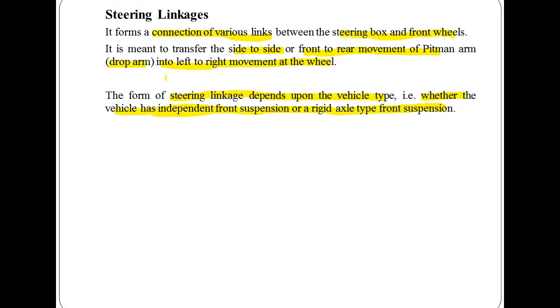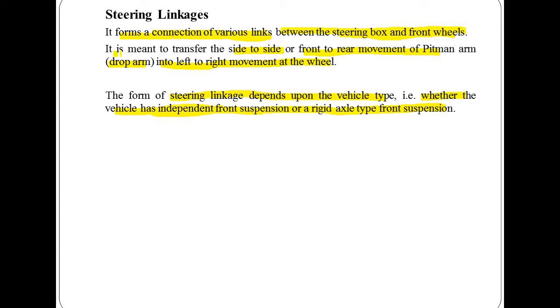So what are the steering linkages? Generally, they form a connection of various links to transmit the motion from one point to another in the steering system. This is in between the steering box and the front wheels.